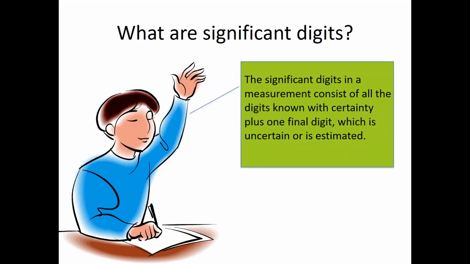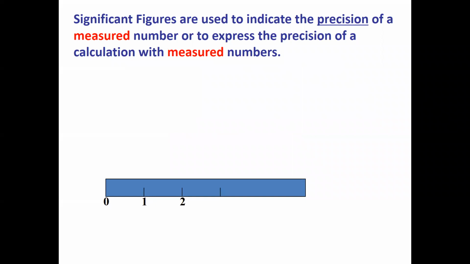So significant digits are a measurement that consists of all the digits known with certainty plus one final digit, which is uncertain or is estimated. So anytime that we do a measurement in chemistry, we're always going to be able to see some numbers based off of how good the instrument is, and then we're going to estimate the last one.